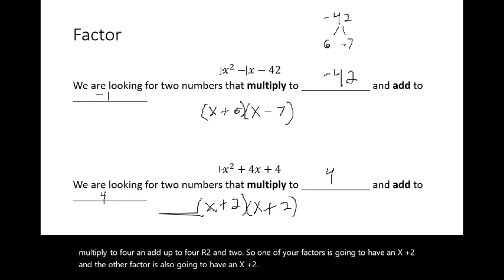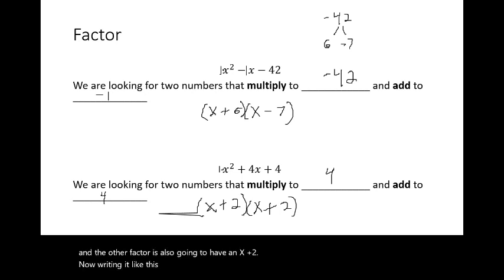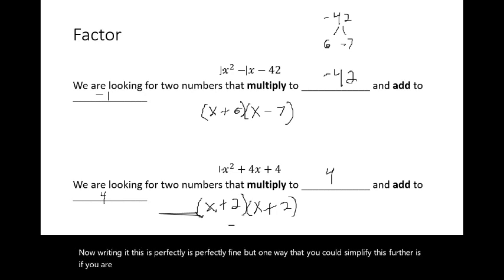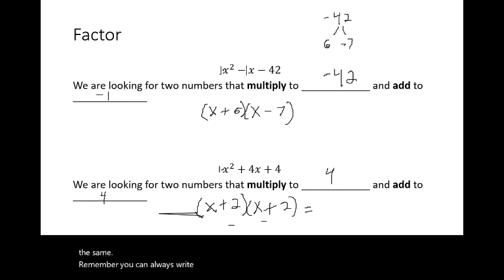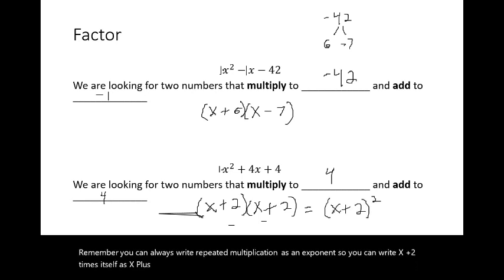Now, writing it like this is perfectly fine, but one way that you could simplify this further is if your two factors are exactly the same, which these two are. Remember, you can always write repeated multiplication as an exponent. So you can write x plus 2 times itself as x plus 2 quantity squared.